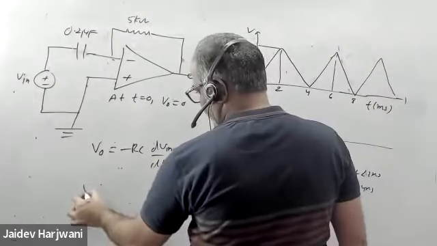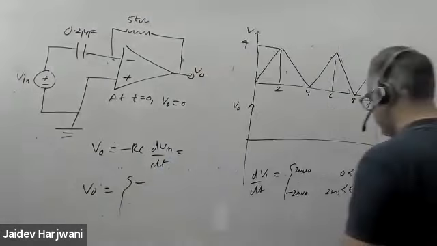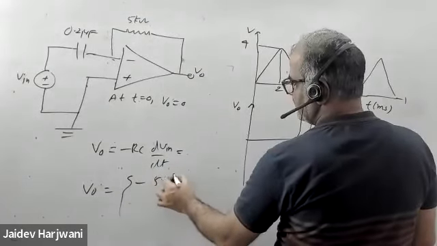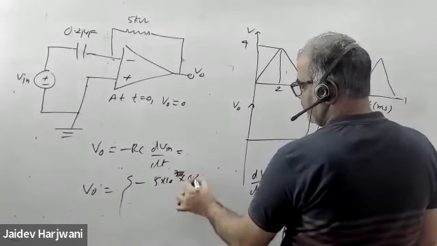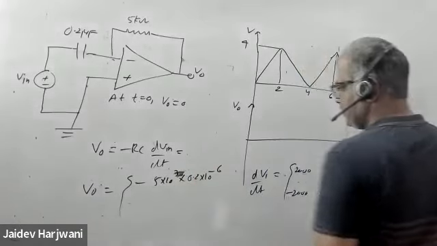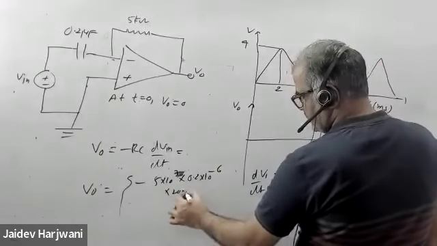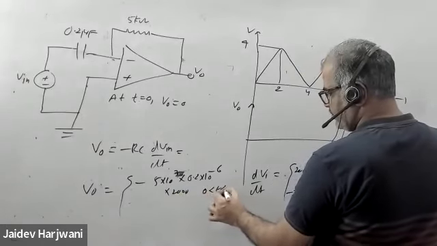So V output will be minus, R is 5 kilo ohm, C is 0.2 microfarad, 10 raised to minus 6, and this is your 2000. This is the first time period, 0 to 2 millisecond.